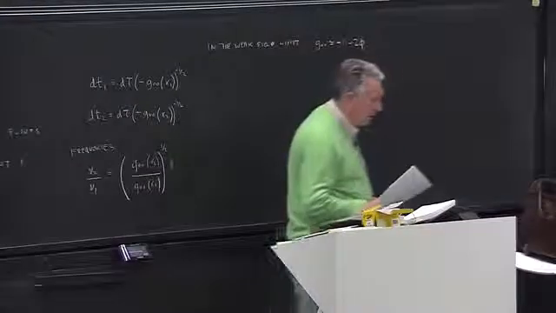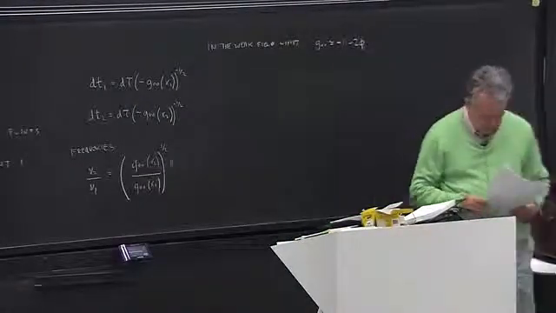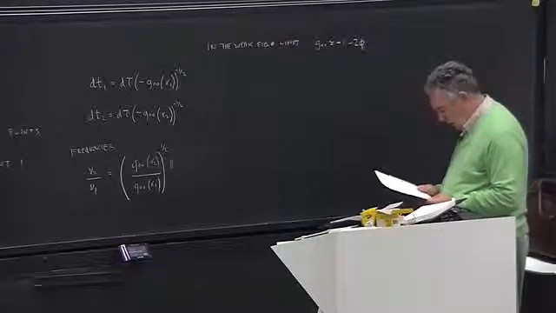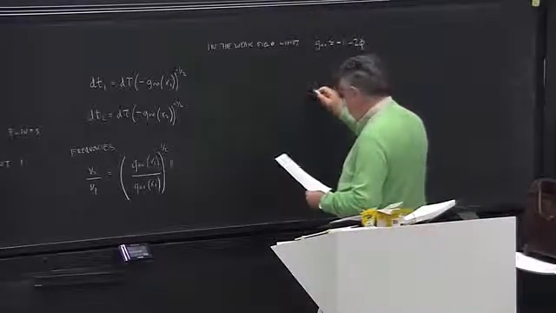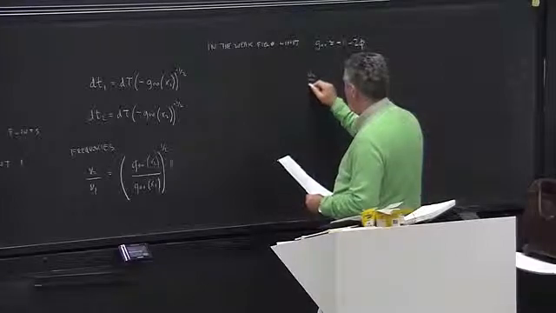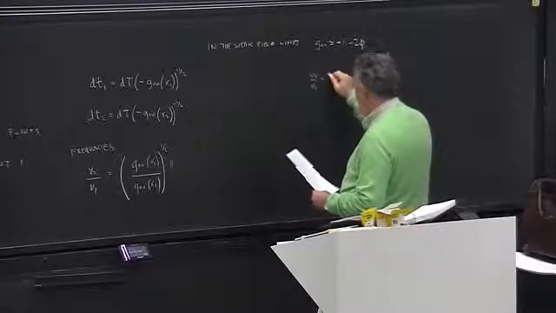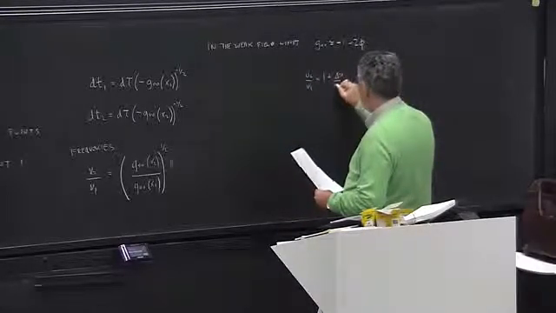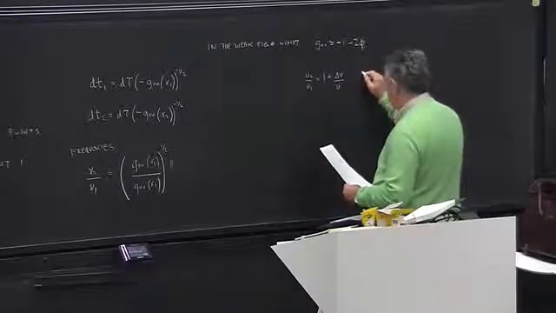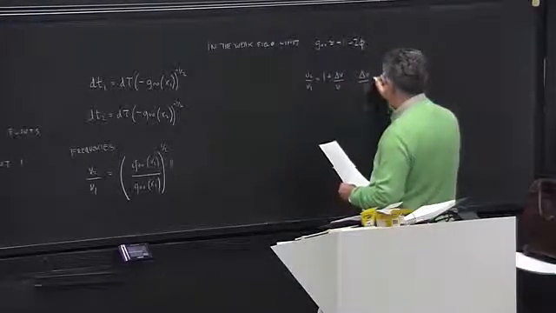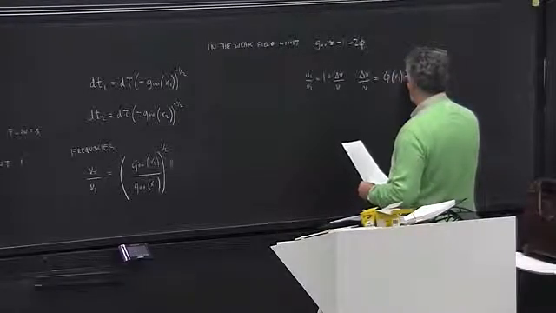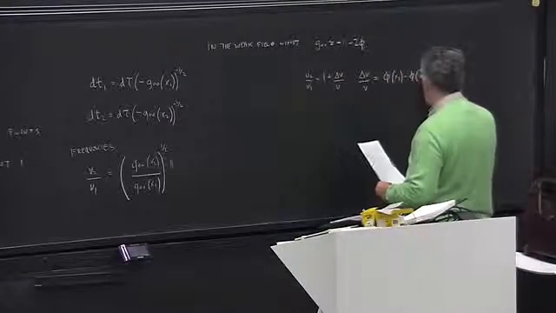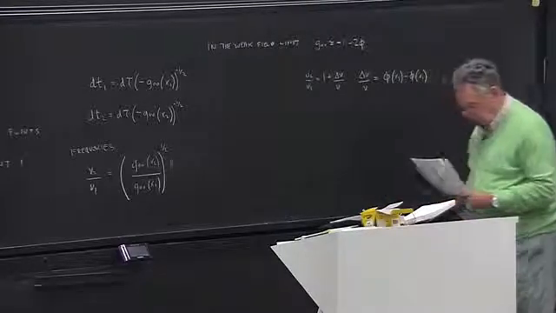So now we're getting to something we can measure, because in this limit, nu2 over nu1 will be 1 plus delta nu over nu, and delta nu over nu will be phi of x1 minus phi of x2. The other way around, x2 minus x1.